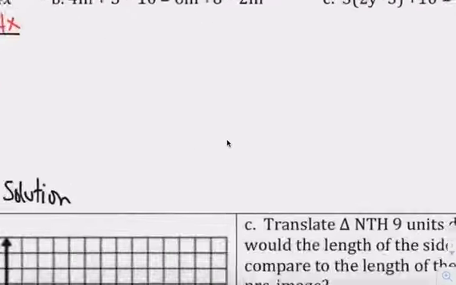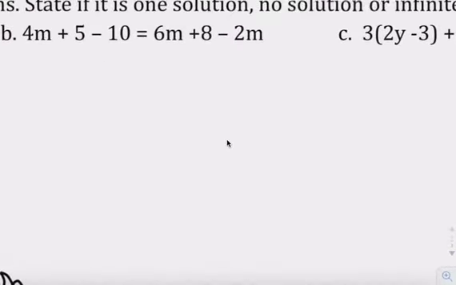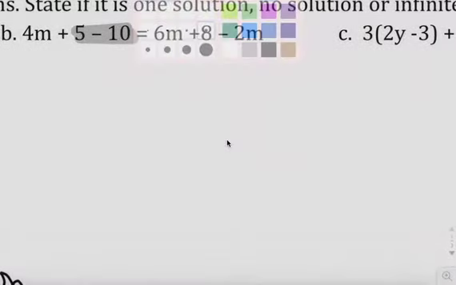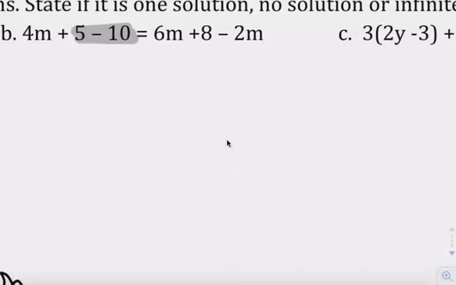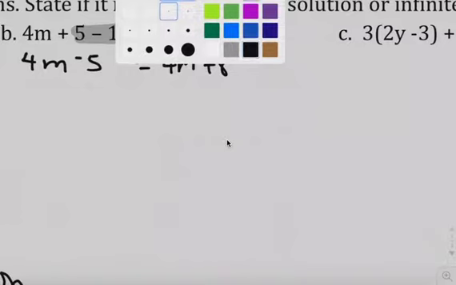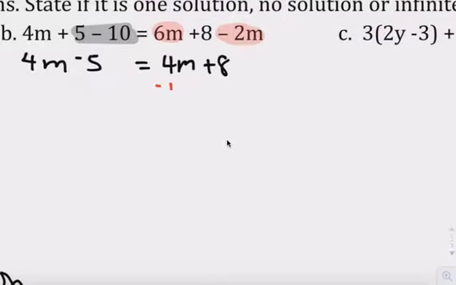This one here, you combine like terms. You get negative 5, 4m equals, these here are alike, combine them. 6m minus 2m is 4m, add the 8, get rid of the smallest variable, they're the same.